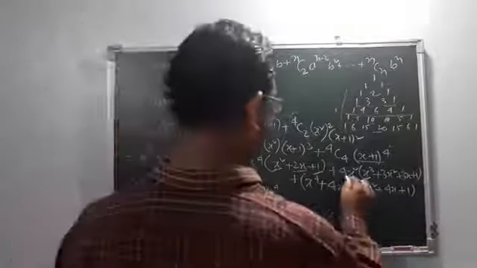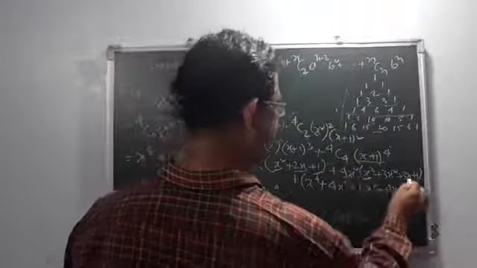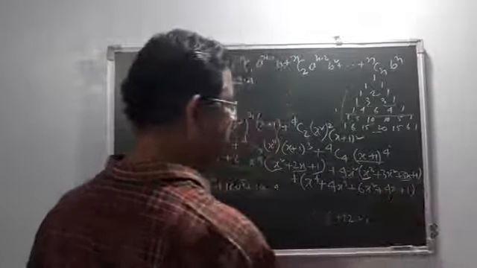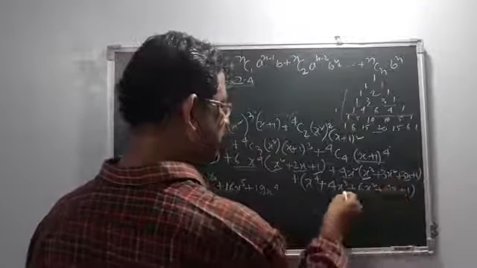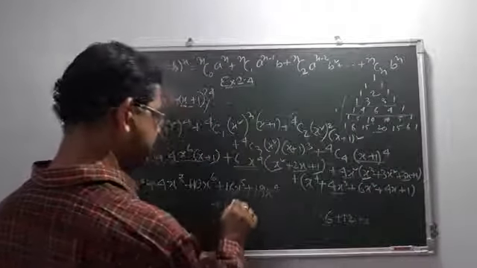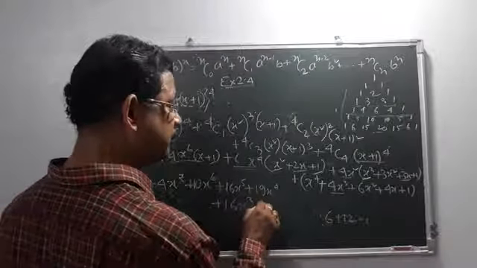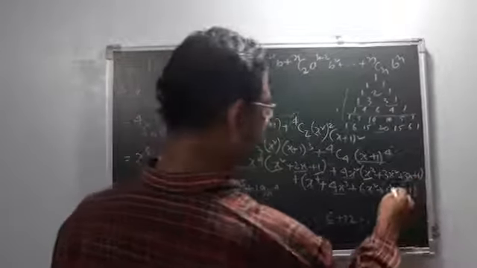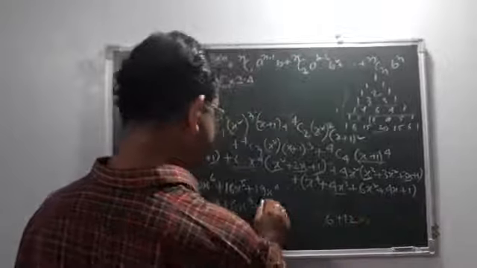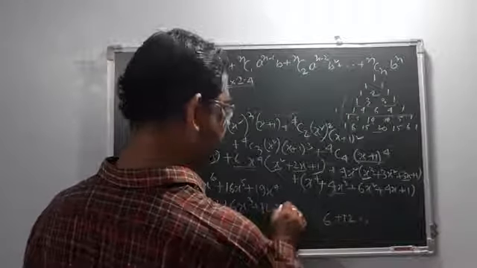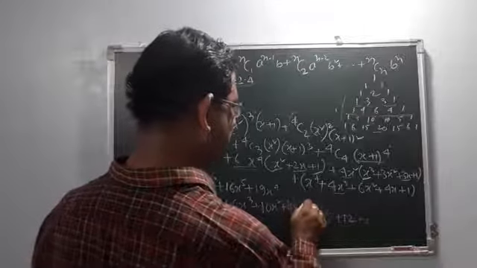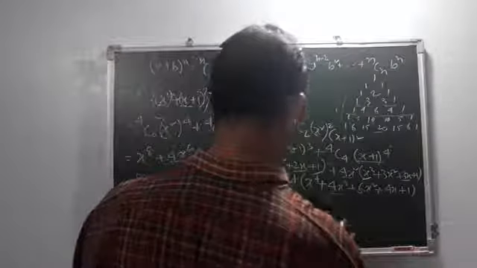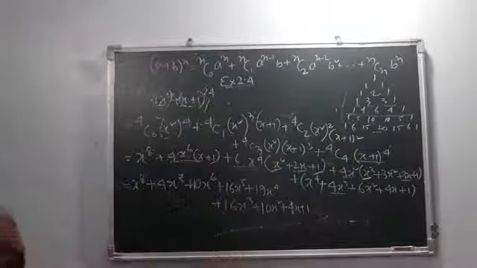If we multiply this and that, then this will give 12x cube, 12 plus 4, 16x cube. Then 4 and 6, 10x square. Then 4x plus 1. So this is our total expansion of these values.